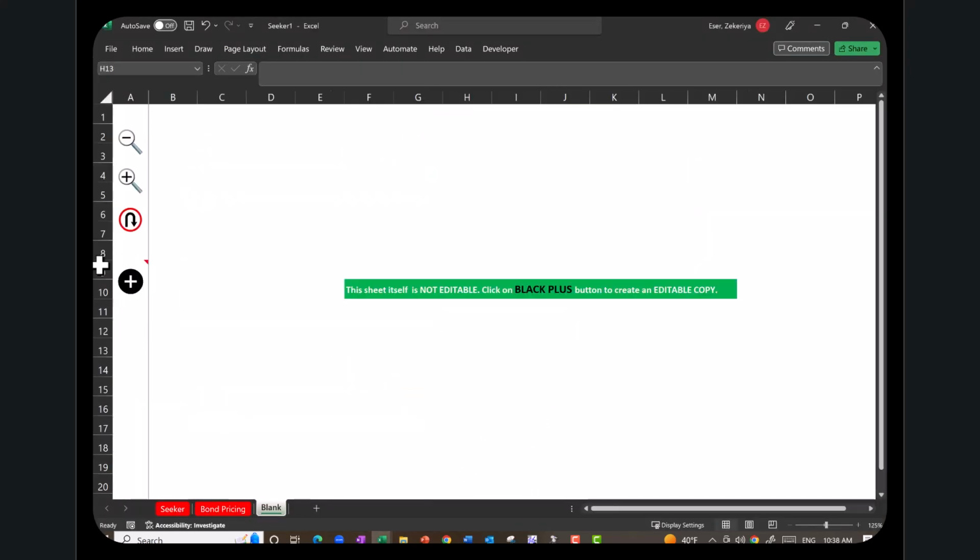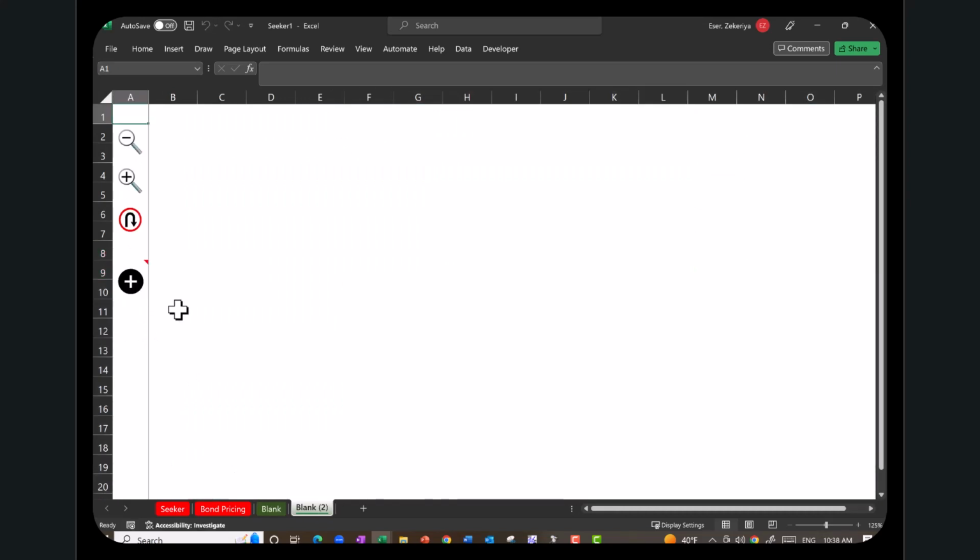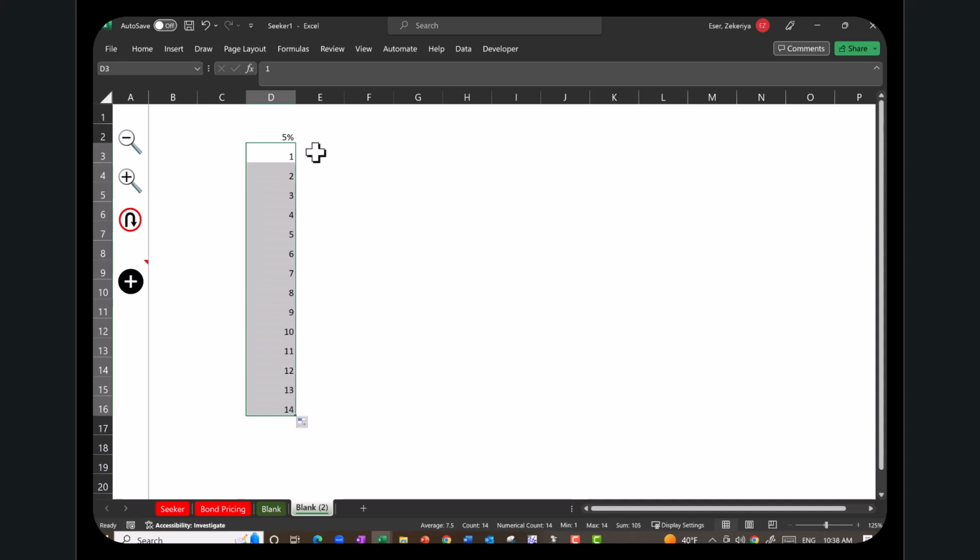And let me do a blank sheet. Suppose I'm going to do just annual. 5% is my discount rate. I'm going to do this just for 10 years. And I'm going to get $40 each.